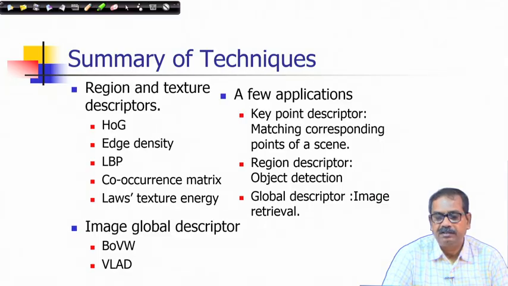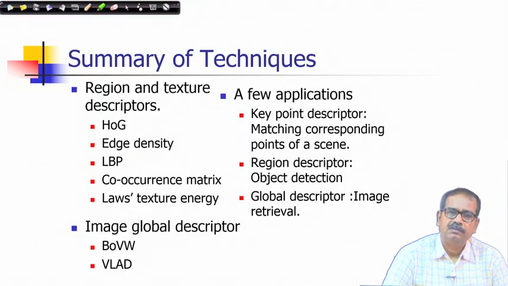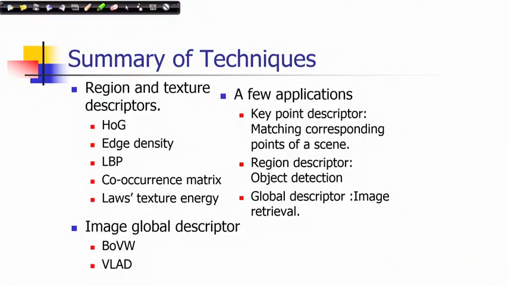For key point descriptors, we know that they could be used for matching corresponding points of a scene in a multi-view imaging system, particularly stereo imaging systems, and they could be used for obtaining different kinds of characteristic matrices of those imaging systems, like the fundamental matrix of a stereo imaging system.